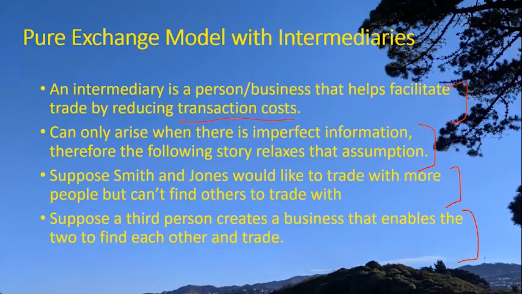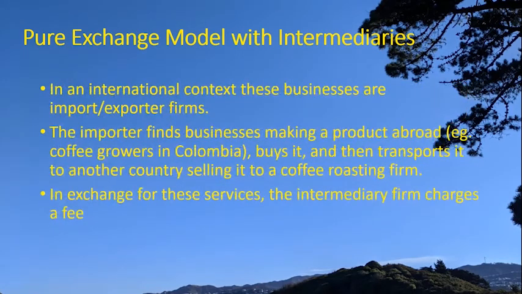So suppose a third person, we're going to call them an intermediary, creates a business because they know how to find Smith and Jones and how to match them up with each other to allow them to engage in trade. Okay, so let's think about how that would work and how we can use this Edgeworth box model to illustrate it. Now, in an international context, these businesses are import and export firms.